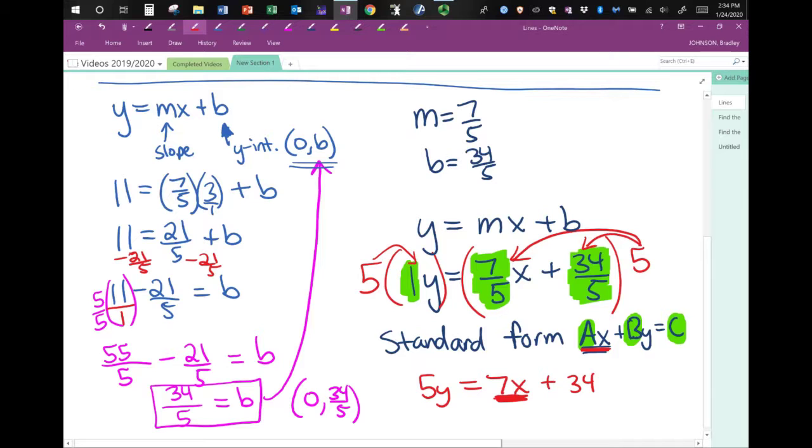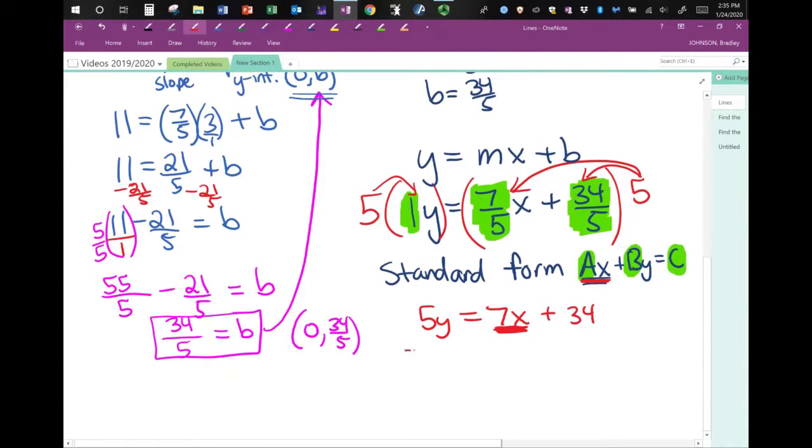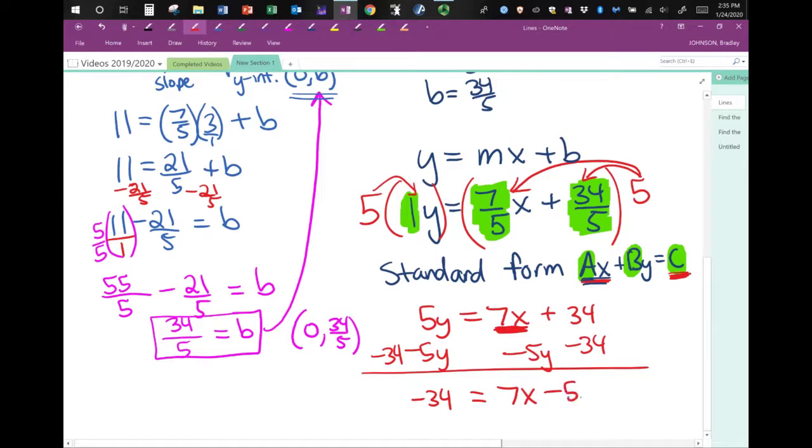So I'm going to keep it there. And what I'm going to do is move whatever is with the y to the other side. And then the constant, which is just like the c, by itself needs to move to the other side as well. And by cleaning that up, you have on the left-hand side negative 34 equals, and then I put the 7x minus 5y.